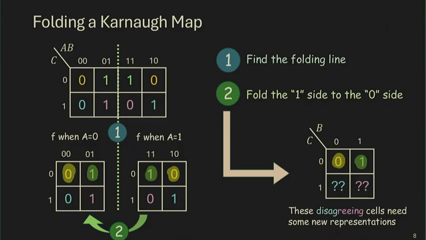Things work pretty well until you run into these bottom cases. The next case that we need to address is when the output is 0 when A equals 0, output is 1 when A equals 1. We just cannot represent that using a single literal in the regular K-map. And that is really what the map-entered variable method is trying to address.